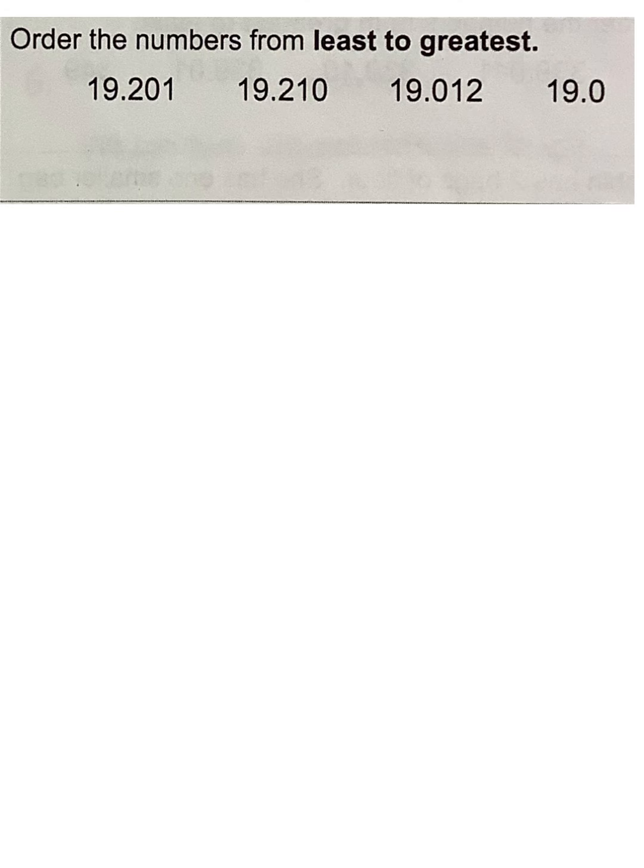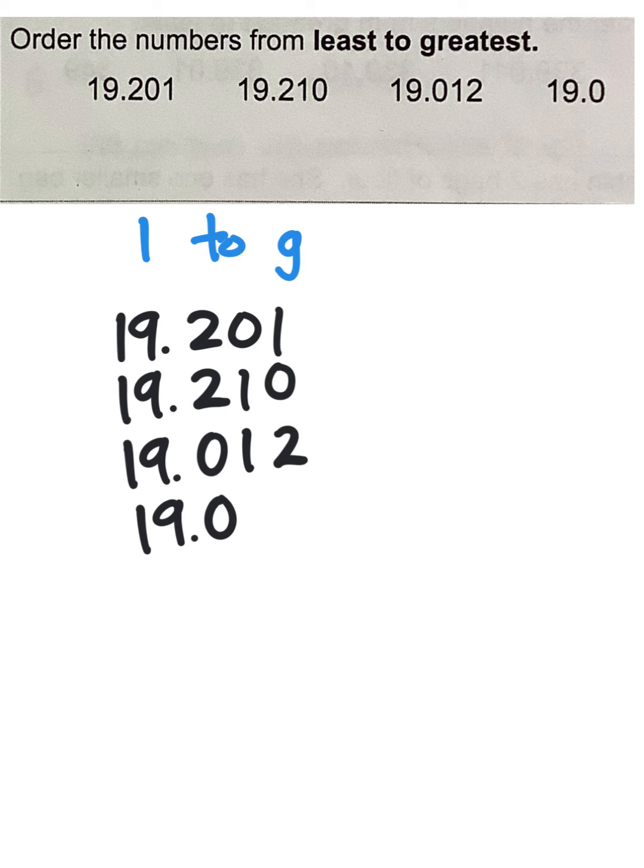All right, now guys, we are going to order these numbers from least to greatest. I'm sure you already have that somewhere on your scratch paper. So we're going least to greatest. This one will be the first, the least, because it's the smallest.